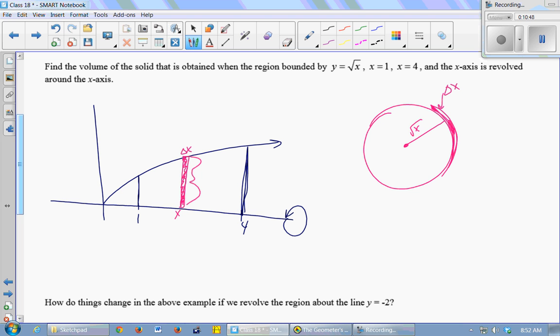Okay, so the volume of my disk is pi r squared h, right? That's how you find the volume of a cylinder. And in this case, my r is square root x, and my height is delta x.